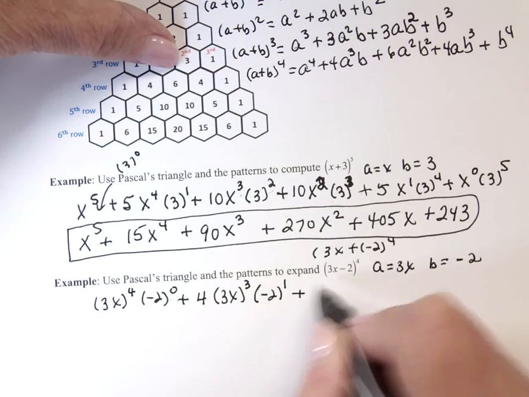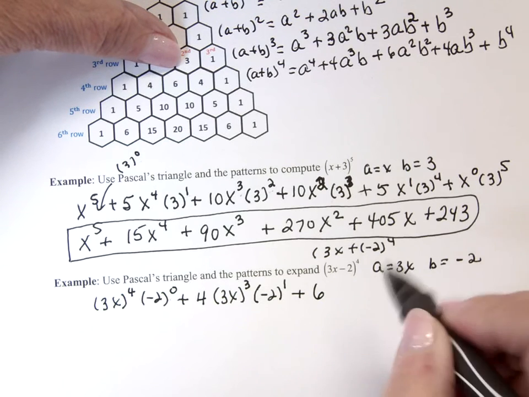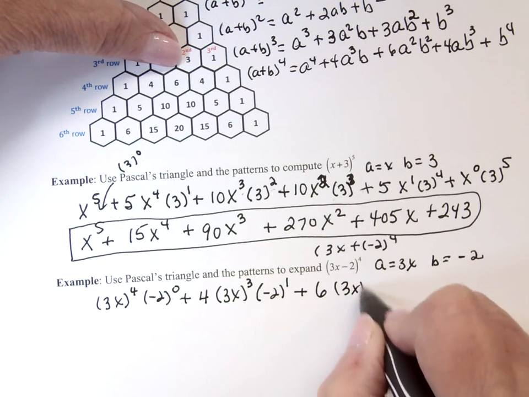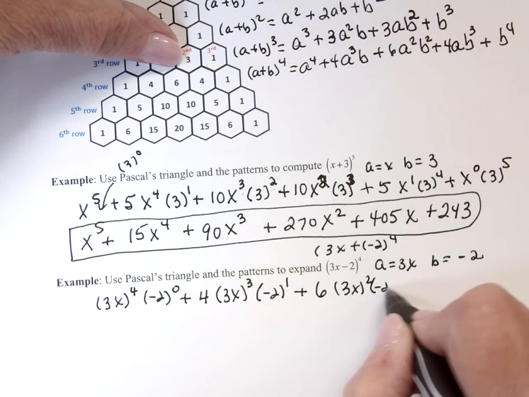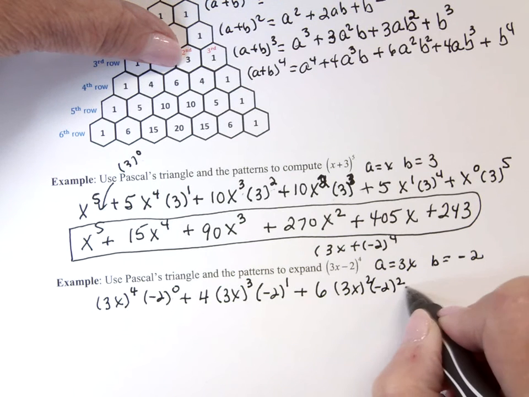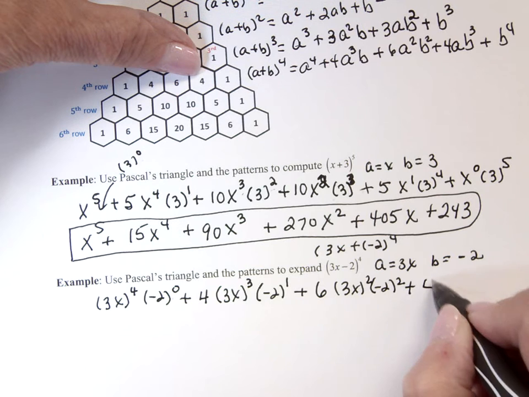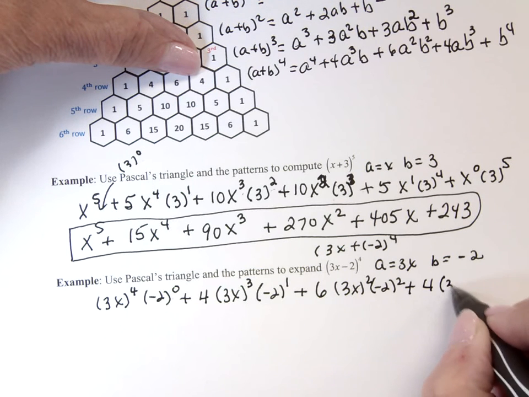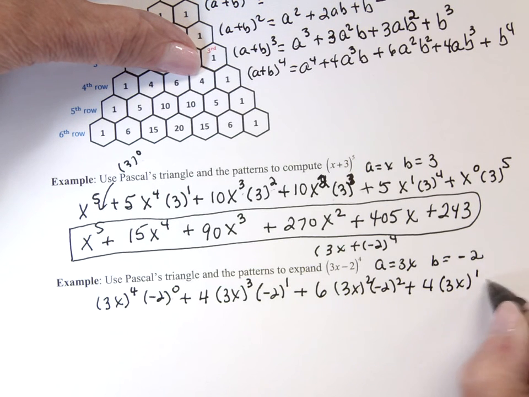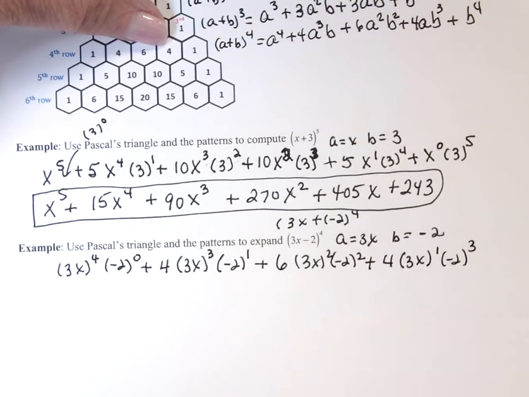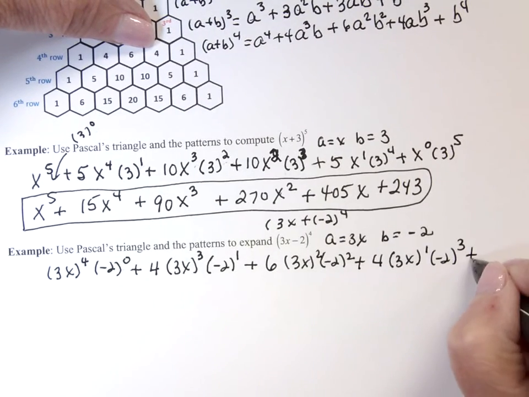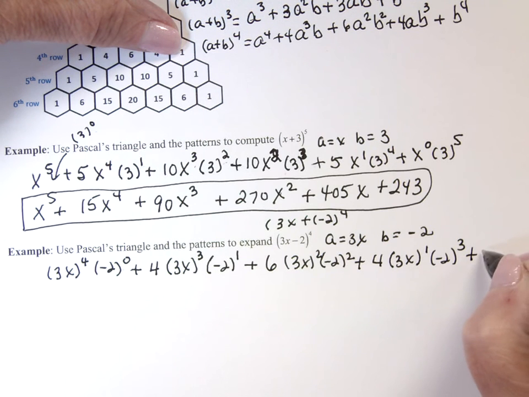Plus 6 times 3x squared times negative 2 squared, plus 4 times 3x to the 1, negative 2 cubed, plus 1 times 3x to the 0, negative 2 to the 4th.